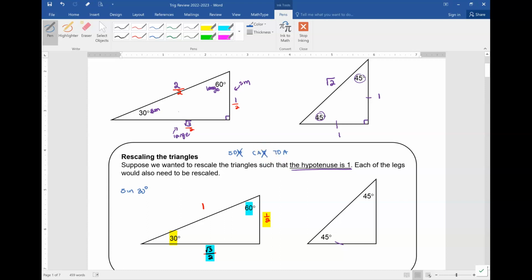So now sine is just the opposite. So if I want sine of 30, it's just the opposite, 1/2. If I want the cosine of 60, it's just the adjacent to the 60, 1/2. And then if I want the tangent of 30, that's still the opposite over the adjacent, and that's 1/√3.